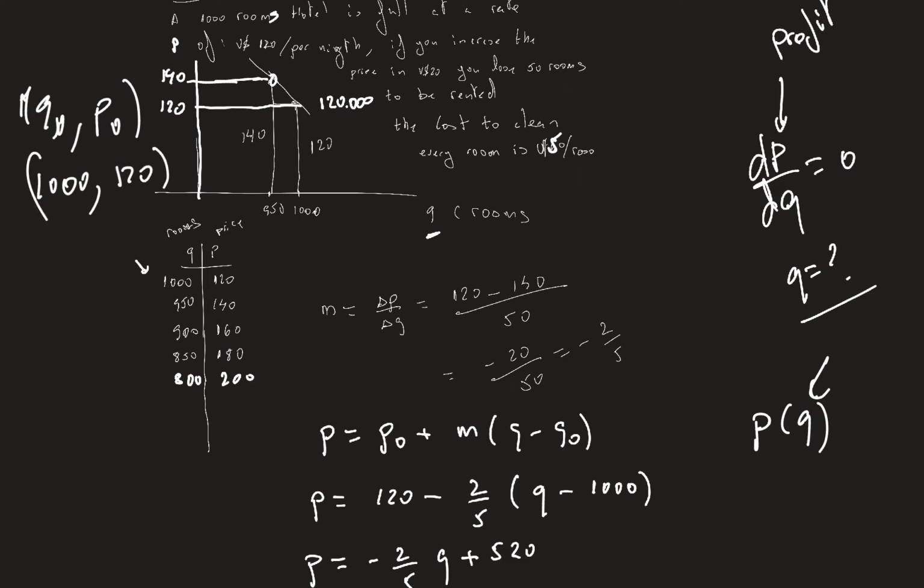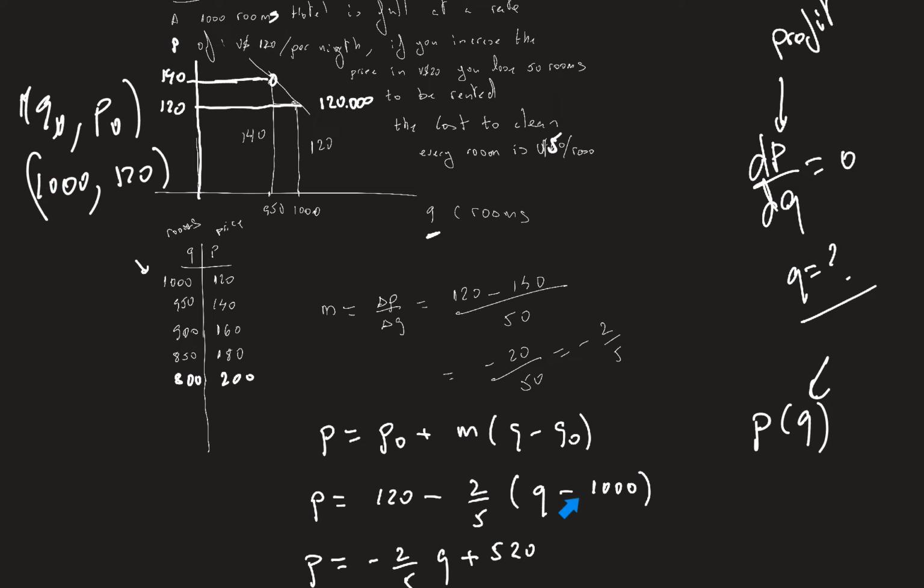So if I insert this data into the equation of the line, I will have P equals P0, 120, plus M, minus 2/5, multiplied by (Q minus Q0), where Q0 is 1000, so Q minus 1000.